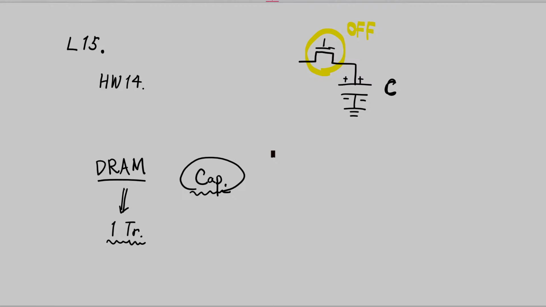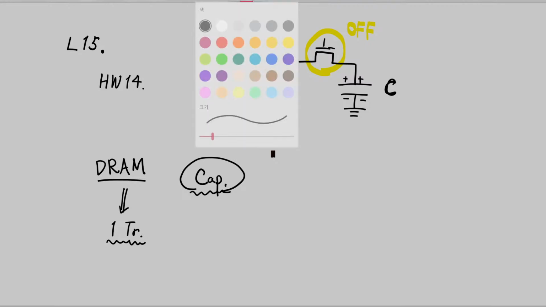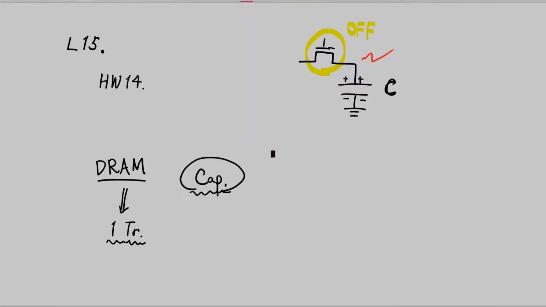Since the charge is stored here, you can easily find that the potential at this node will be quite high because we have stored the data, and since we have to apply the off condition, the gate voltage of this transistor will usually be low.